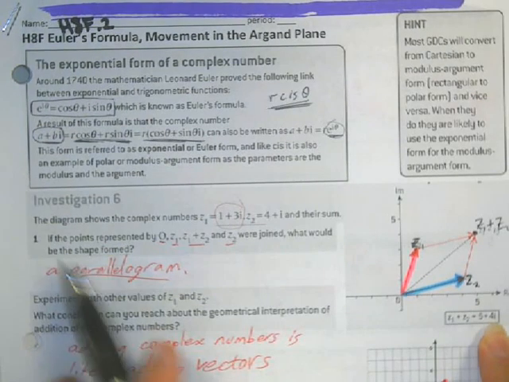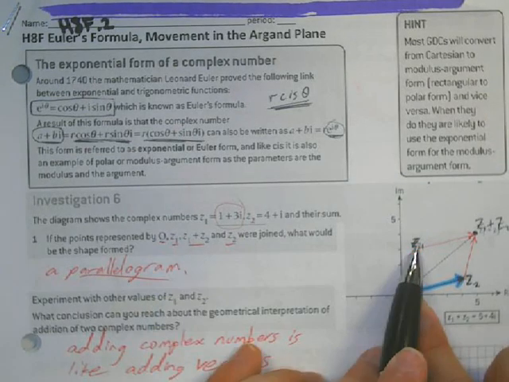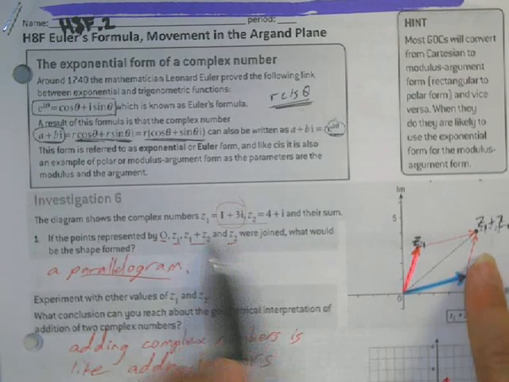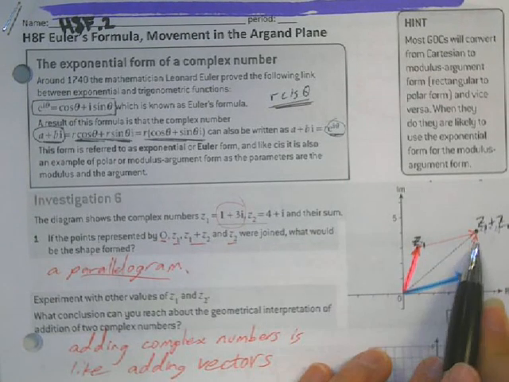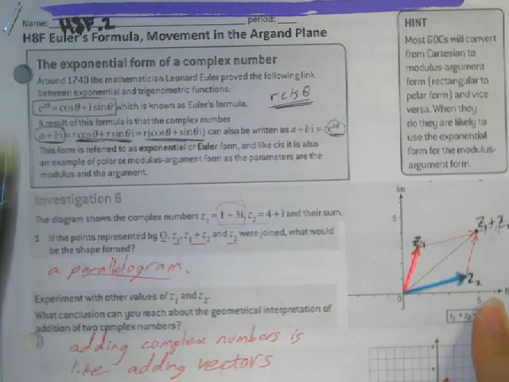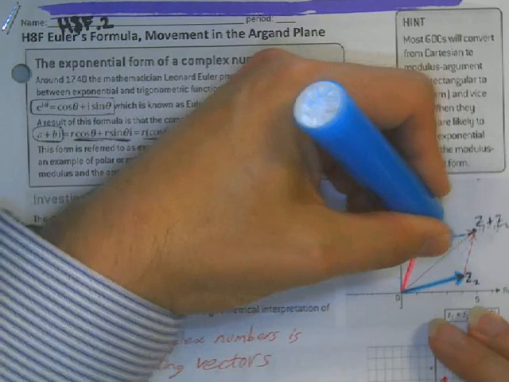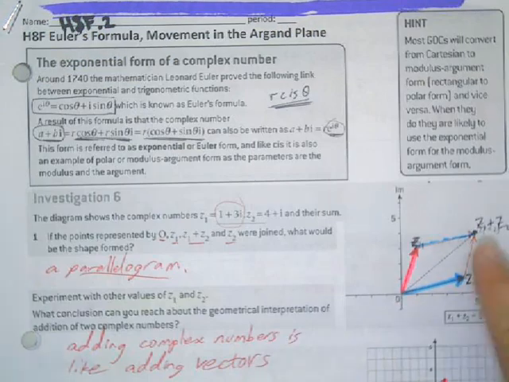And what happens if I join O to z1, to z1 plus z2 and z2? If I join everything together, notice here I'm going to get a parallelogram. Okay. This has the same magnitude.